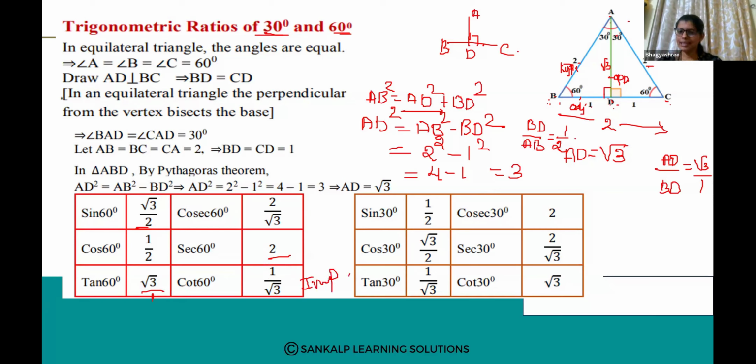Next one, sin 30 degree. For sin 30 degree, see, dear children, our theta is here. What is opposite to it? BD, right?